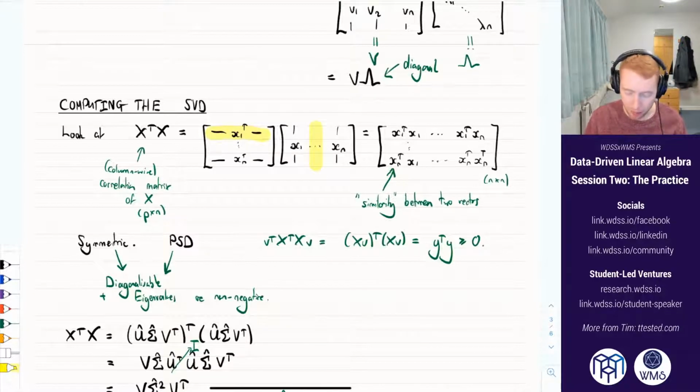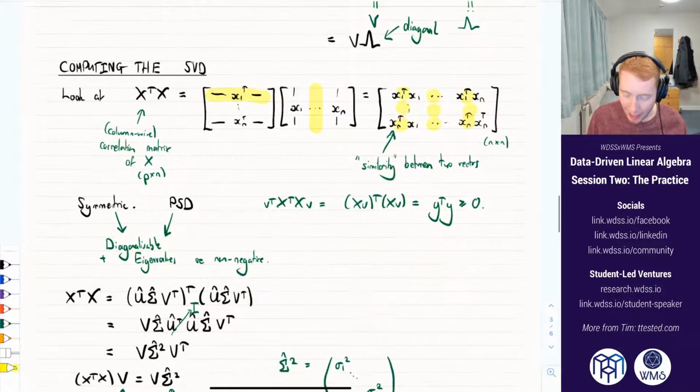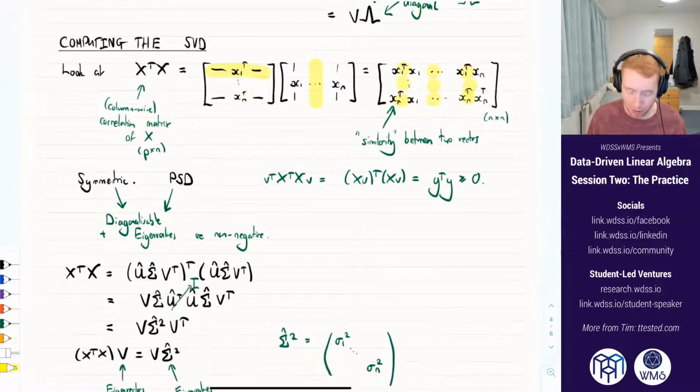Multiply those together and use that to fill in all the elements of this correlation matrix. And remember, the correlation matrix is n by n. So P is the really massive number that's causing problems. So this matrix, we can store this in memory, no problem. So we've got around the massive P issue there. We then can calculate the eigenvalues, eigenvectors, no problem. It's an n by n matrix.